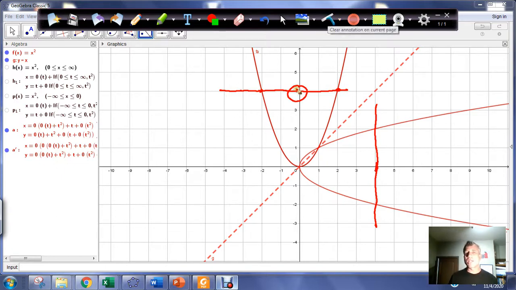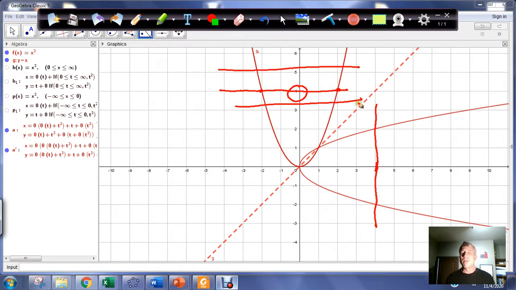So a quick check to see whether a function has an inverse function is to draw horizontal lines through it. If they intersect in more than one spot, then you know that the relation you get when you reflect it is not going to pass the vertical line test.